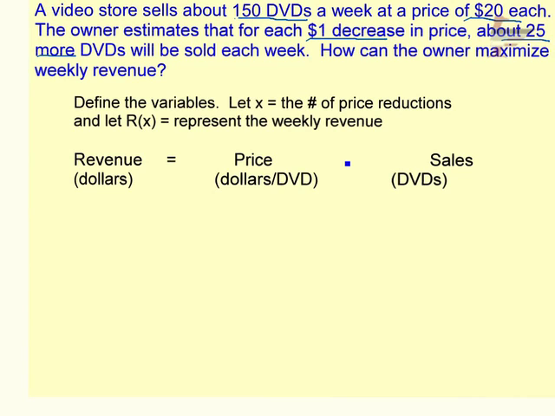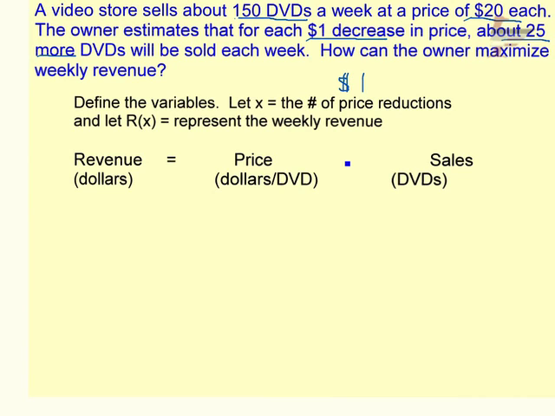I think you get the idea. So we want to know how many of these $1 decreases will maximize our revenue. I don't know what that is, so that's going to be my variable. X is the number of price reductions, specifically the number of $1 price reductions, right?